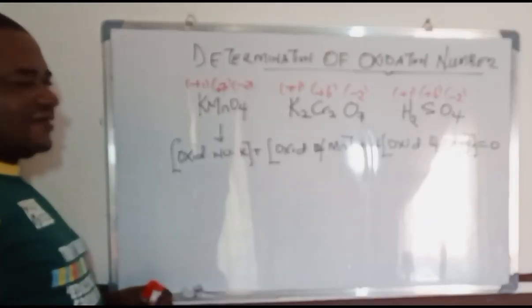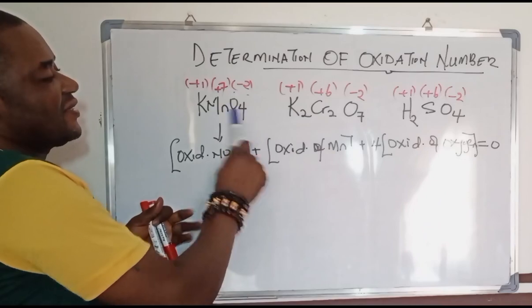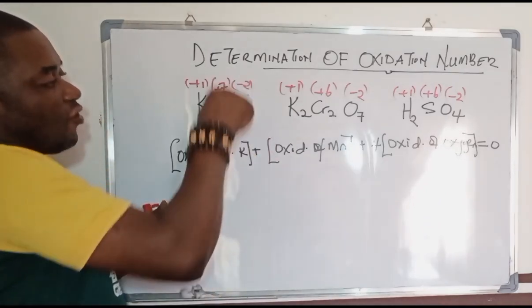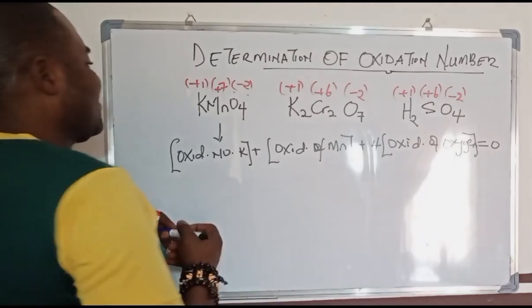That is how we place it. Oxidation number of potassium plus oxidation number of manganese plus 4 times the oxidation number of what? Of oxygen.